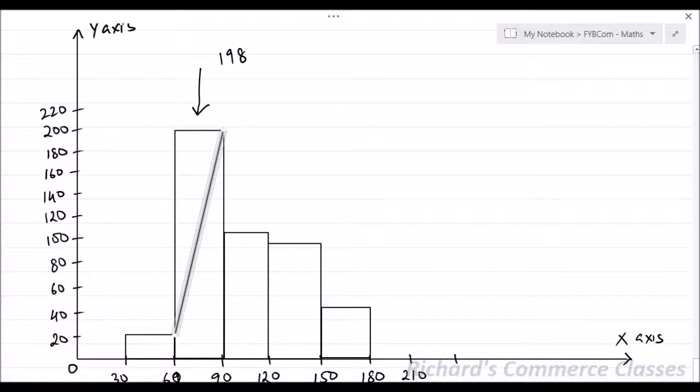And another line from the beginning of the modal class to the beginning of the next class.